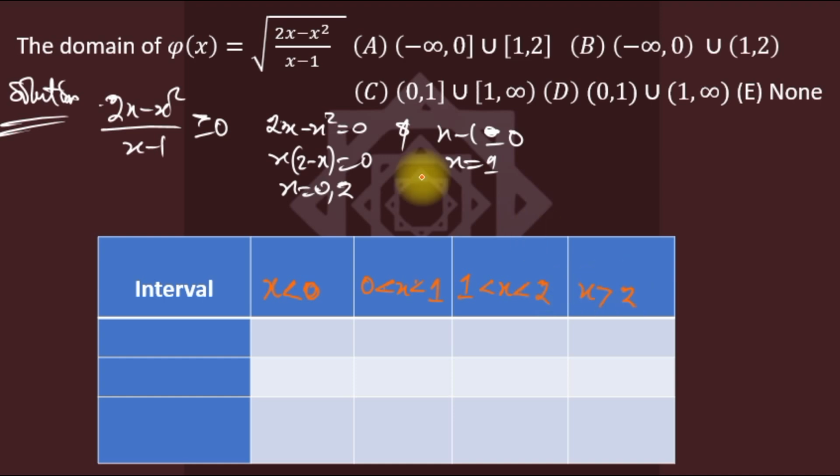Because we have three values where the expression is 0, let's start with the product: x times 2 minus x, while the second one is x minus 1. Finally, we check x times 2 minus x over x minus 1. The sign determines the answer.